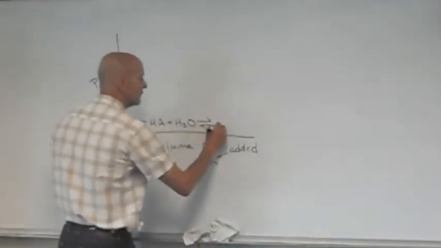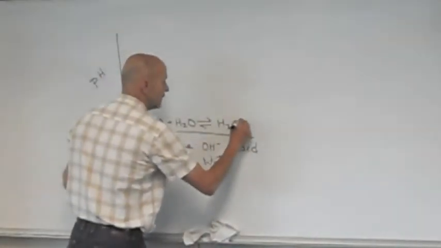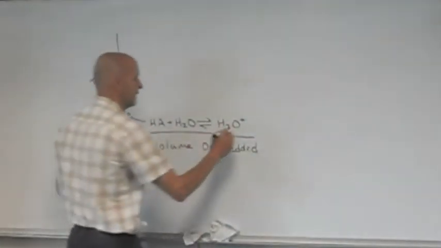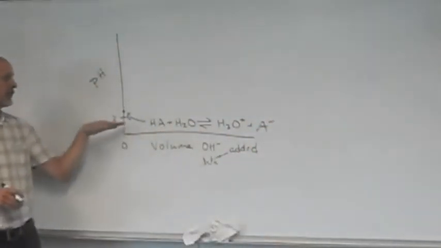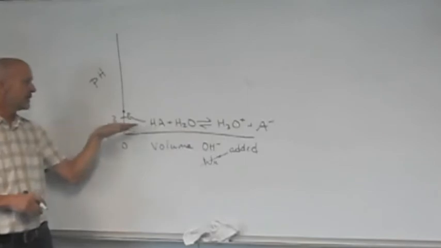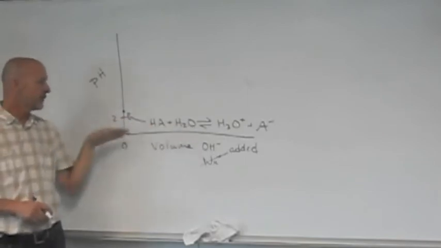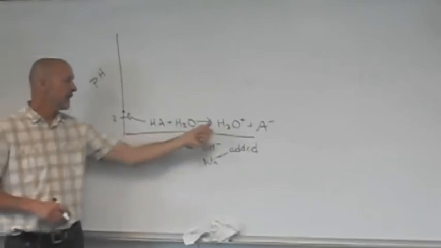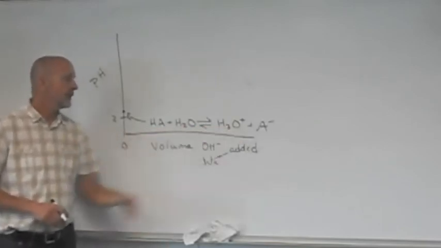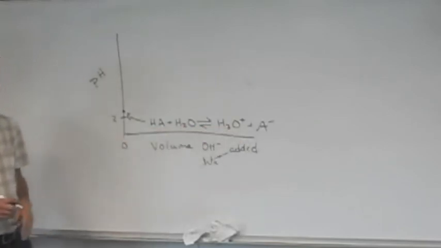To some degree, it creates the hydronium ion and the conjugate base. So what's going on here, I could find the pH here if I knew the amount, or if I know the pH, of course I can find the amount. But I've got a weak acid solution in water, so what do I have to begin with?